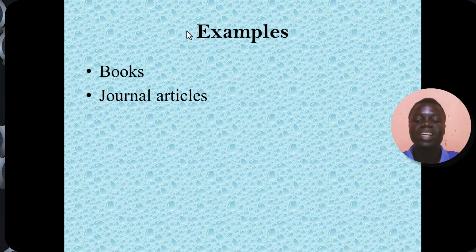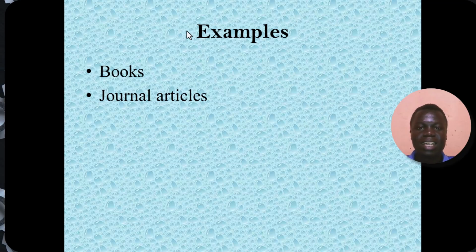They can be biographies that interpret an individual's life based on primary material. They can be journals or articles that critique or analyze primary data, termed as secondary sources of information, such as research papers.